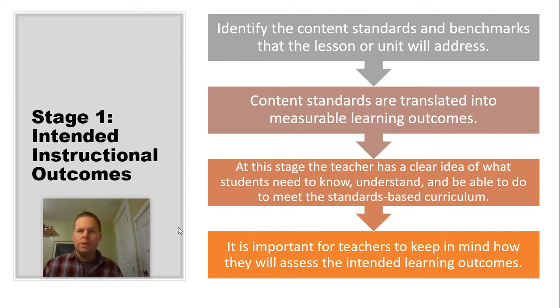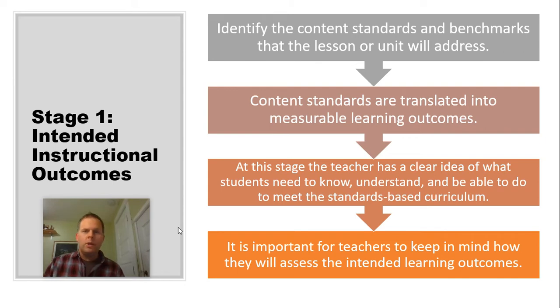What are the content standards? How do we translate them into measurable learning outcomes? This is a stage where the teacher has a clear idea of what students need to know, what they should understand, and what they should be able to do to meet the standard-based curriculum. It is important for teachers to keep in mind how they will assess during this intended instructional outcome process here.